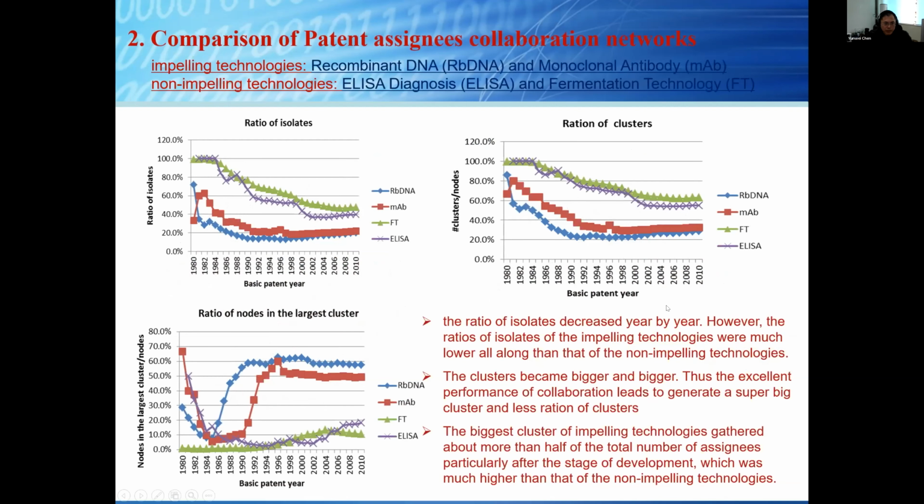As a result, we want to compare the different networks by counting some indicators of the network. For example, the ratio of isolates, the ratio of clusters, or the ratio of nodes in the largest cluster. This work was done after I came back from the Curtis group, about 4 years later.